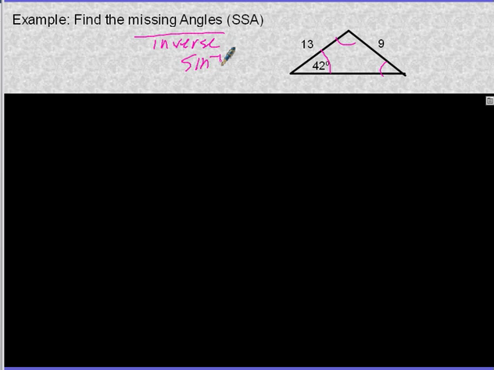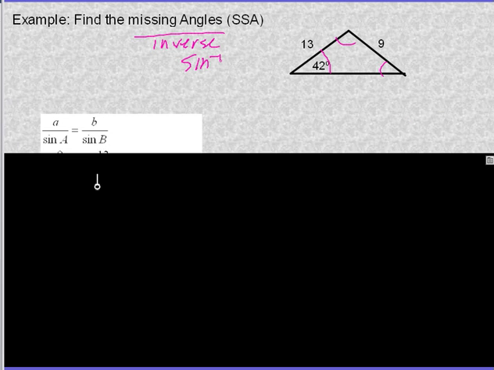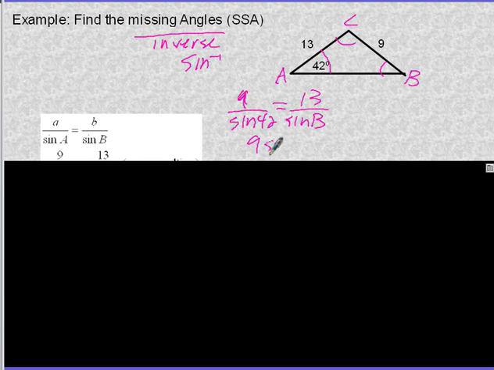So we have, I don't even have these labeled, I guess I should, A, B, C. We have angle A and side A, and that's what we're going to start with. So 9 over sine of 42 is going to be equal to 13 over the sine of B. Just like before, cross multiply: 9 times the sine of B is equal to 13 times the sine of 42.